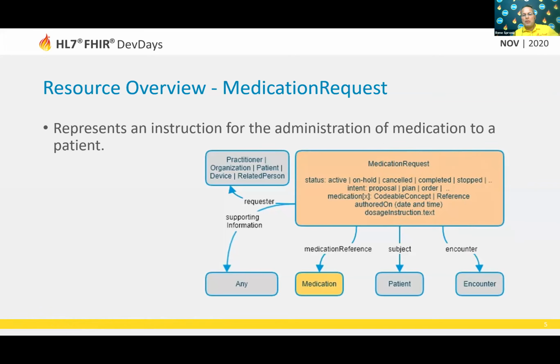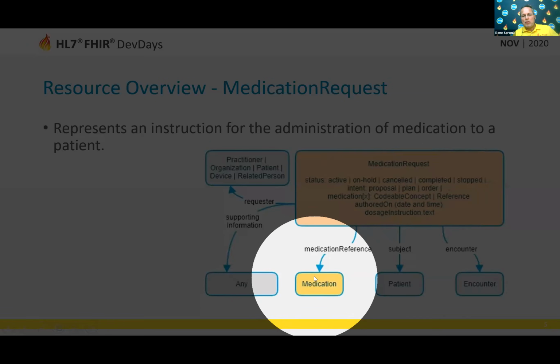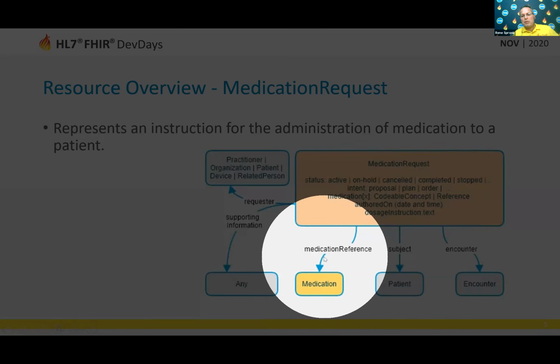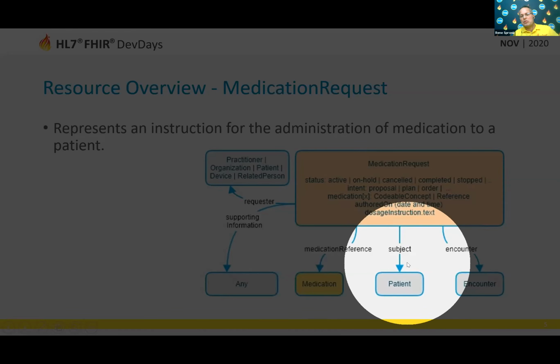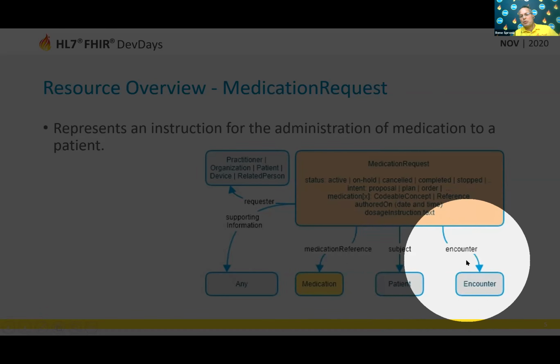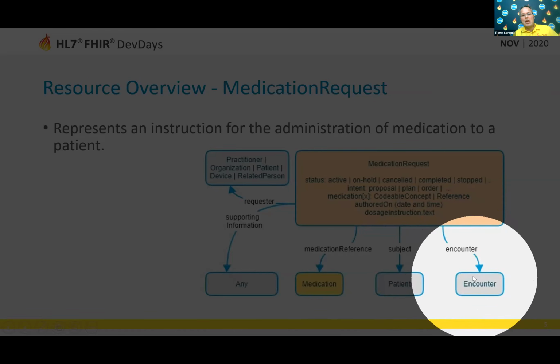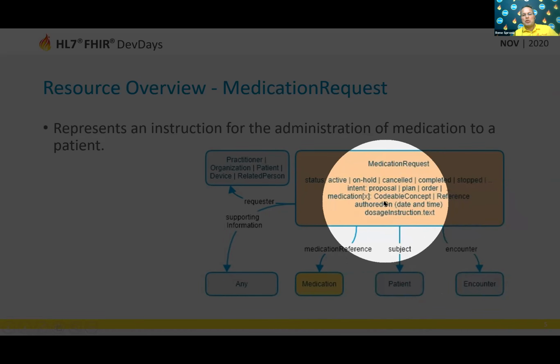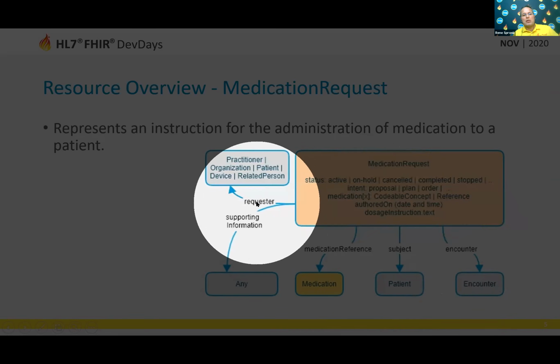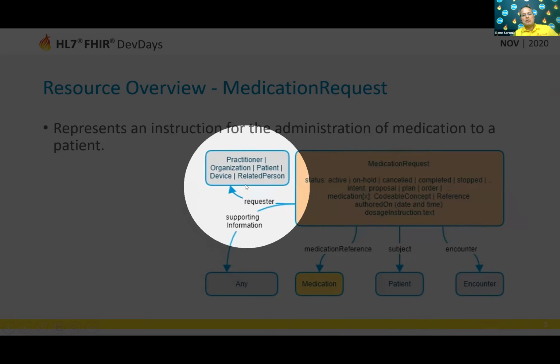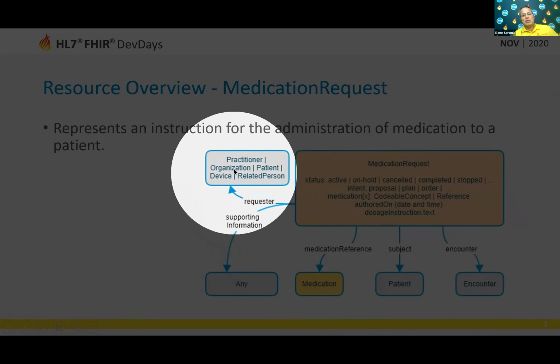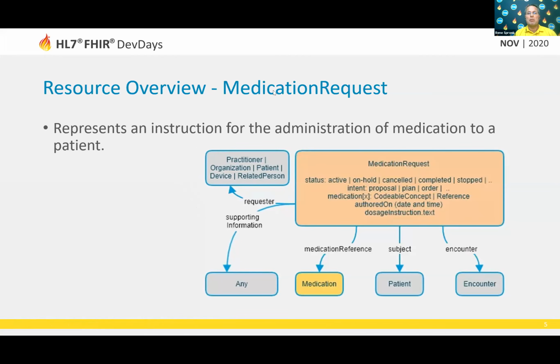And we have relationships, obviously, with the medication. That's an outbound reference. We have a subject patient. The prescription belongs to an encounter, and the medication request is authored by a requester, which is mostly a practitioner, but as you can see, it could actually be different parties as well.